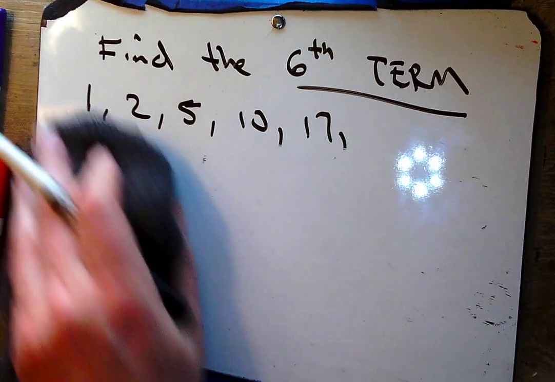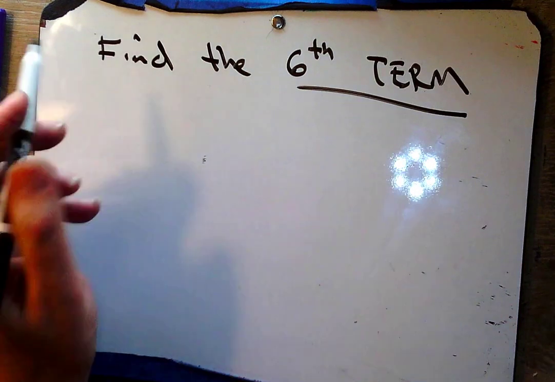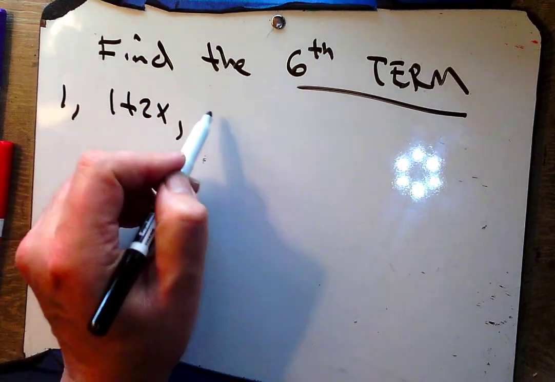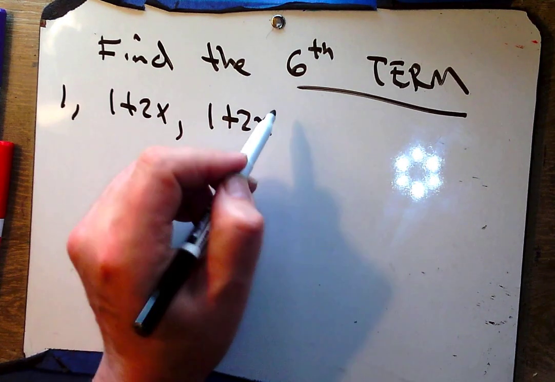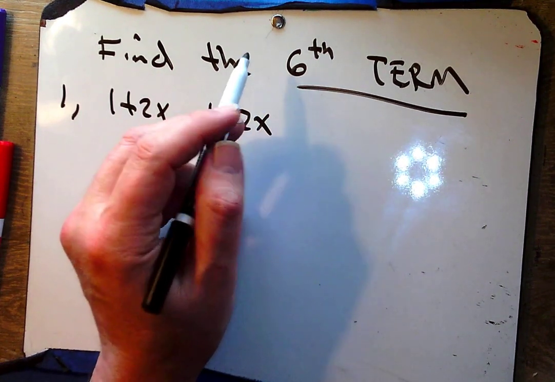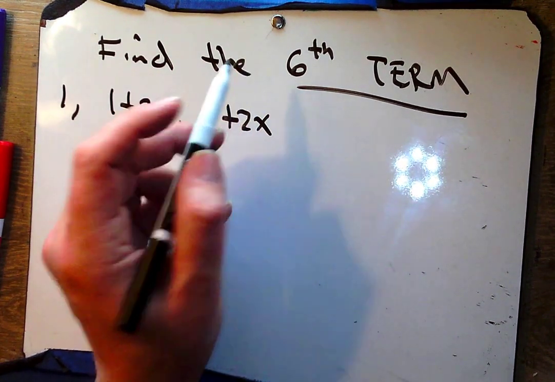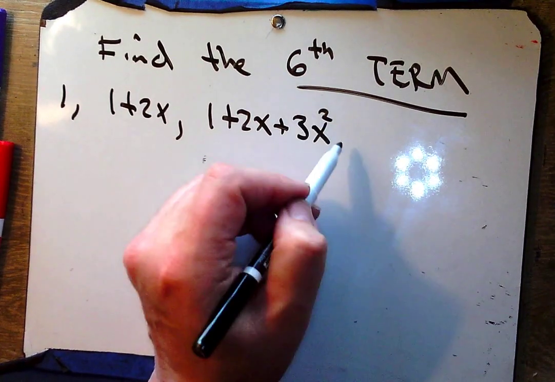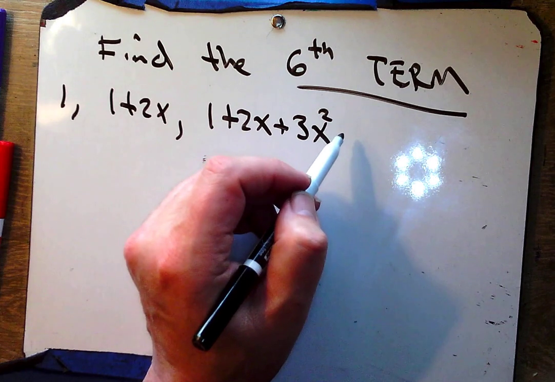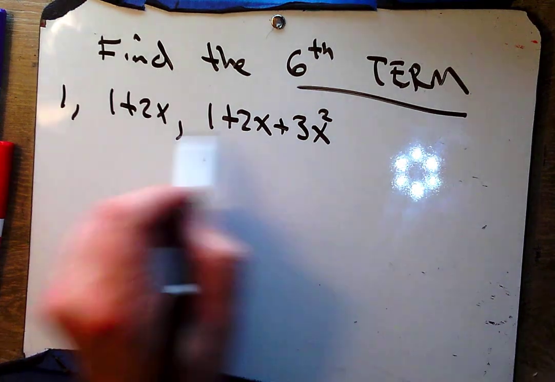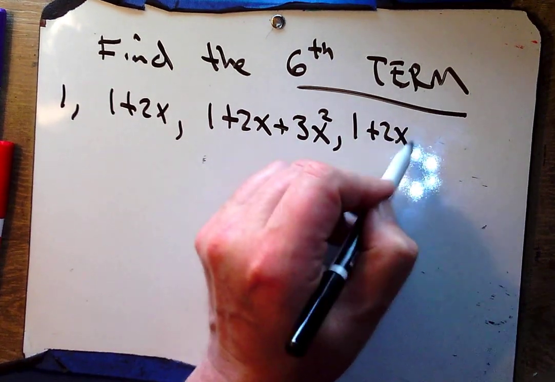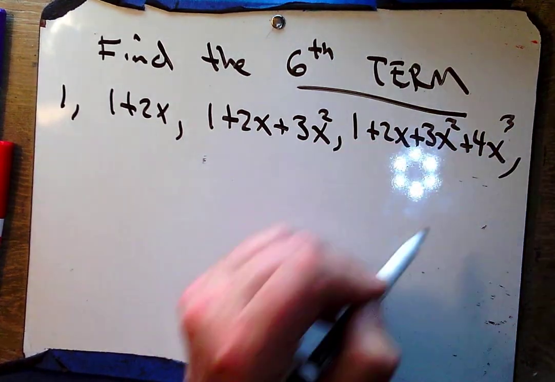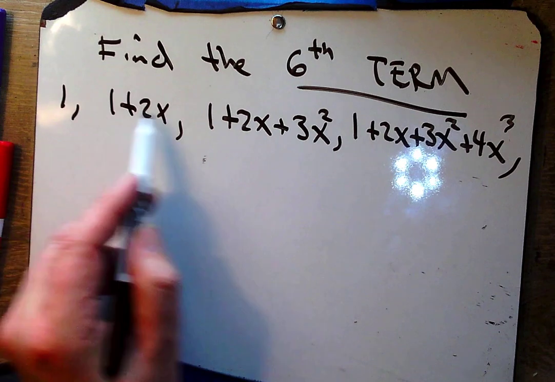So what could you come up with for the sixth term of this sequence? 1, 1 plus 2x, 1 plus 2x plus 3x squared. Good. 1 plus 2x plus 3x squared plus 4x to the third. 1, 2, 3, 4.